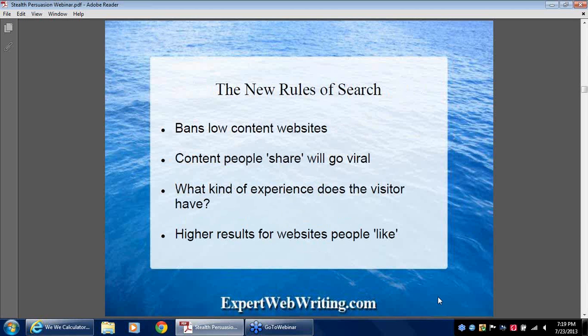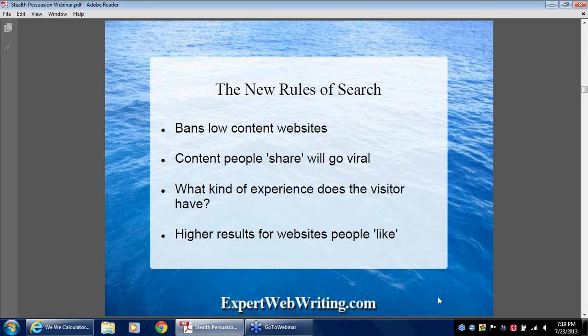Okay, I want to talk about another thing that's important about emotional content. It has everything to do not with your visitor now, but with your search engine Google, the big master Google who dictates where we show up in the search results. Emotional content has everything to do with that, and I'm going to show you why. First off, low content websites are going to be banned by Google.